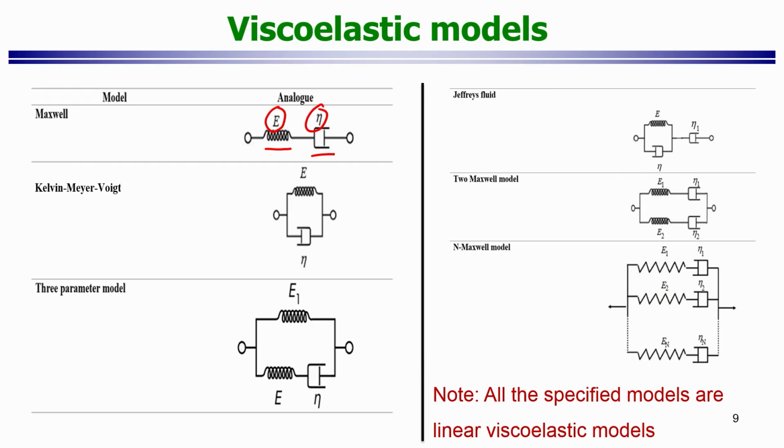Here the spring and the dashpot are placed in series, and we saw another model, the Kelvin-Voigt body, where the spring and the dashpot are in parallel.